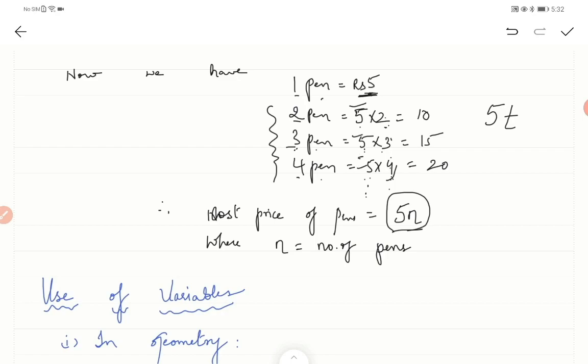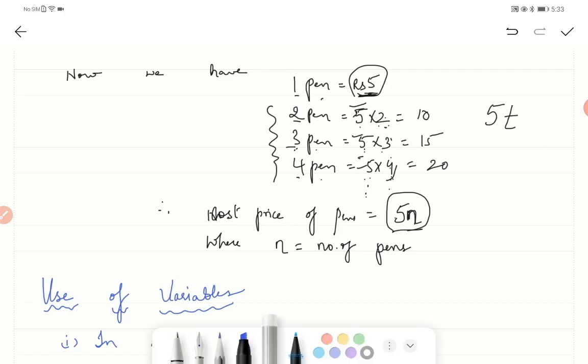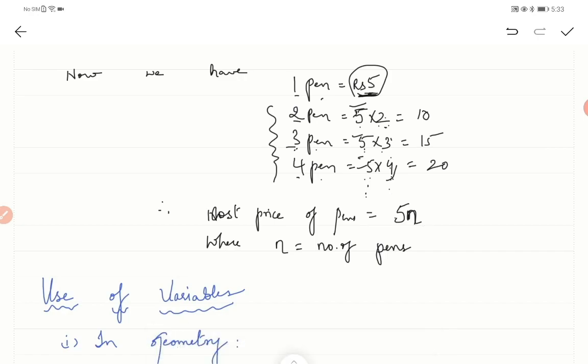So you can take x, y, z, t, n, a, anything. Here n will represent the number of pens, and 5 is the constant, which is the cost of 1 pen. This is how you can use a variable for anything in which the quantity is continuously varying, or in general you can get to some expression.